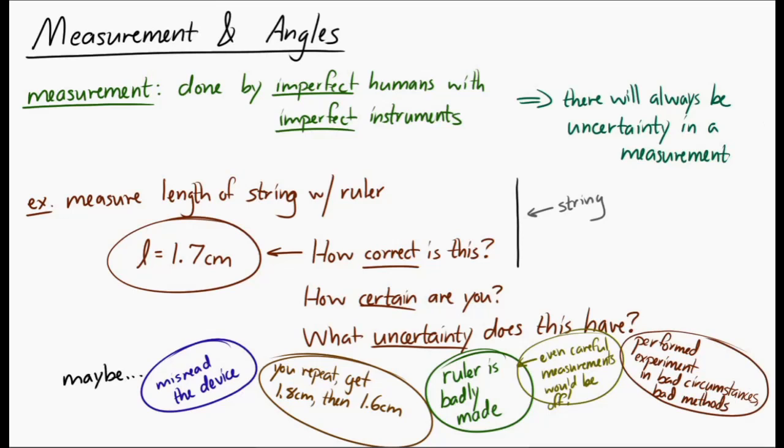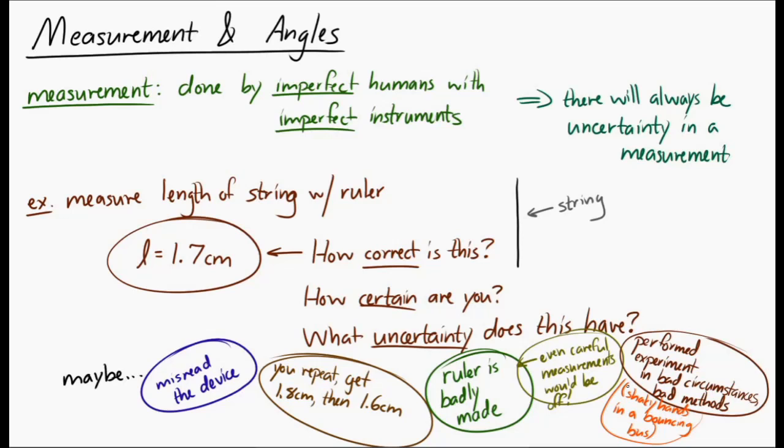But if you did the experiment while holding it in your two caffeinated shaking hands, while in the back of a bus that's going 60 miles an hour on a dirt road, well, yeah, then your measurement's going to have more uncertainty just because of the conditions under which you took the measurement. So there's all these things that we have to think about when we think about measurements and their uncertainties.